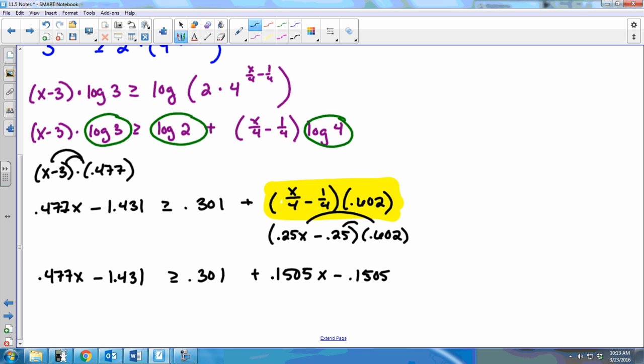I'm just making sure everyone knows where all these numbers came from. Have I lost anybody so far? Speak up. Again, this is not the only approach to this problem. So if you're doing it differently, you'll probably get the same answer and it'll be okay.